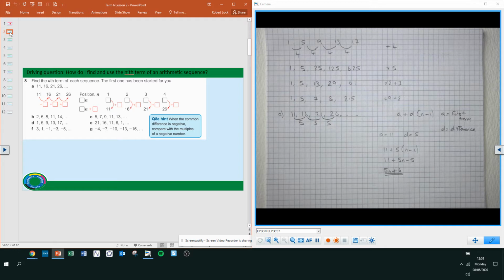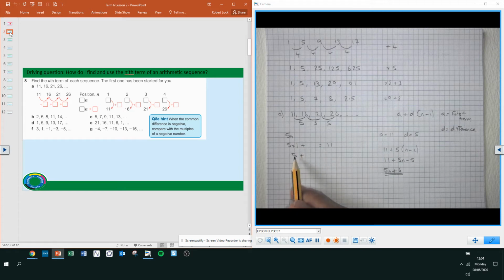What they're showing on the screen here with question 8a is finding the difference, which is 5 each time. Then placing that for the letter n, so we end up with 5n. Position number 1: the first time it's going to be 5 times 1 plus something equals 11. 5 times 1 is 5.